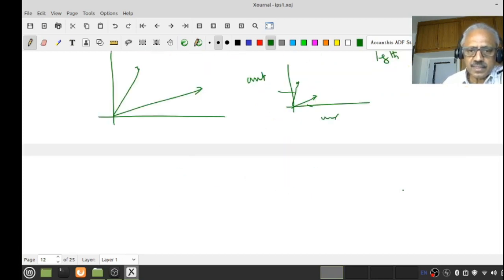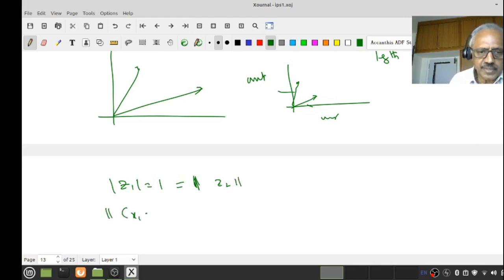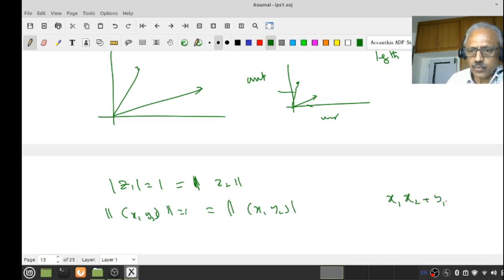You understand? Therefore, if Z1 is a unit vector, okay, unit modulus, which is the same as saying the length of the vector x1, y1 equal to 1, which is equal to the length of the vector x2, y2, the formula reads as x1, x2 plus y1, y2.